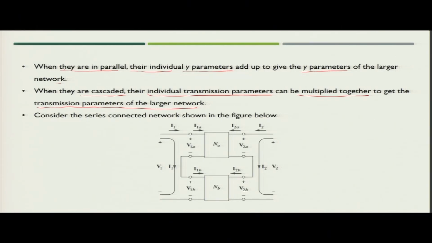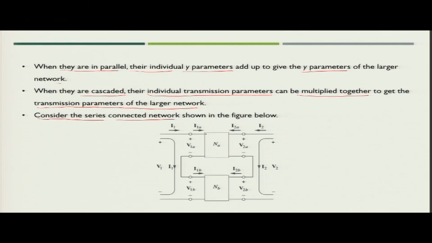Now, these three combinations, that is series, parallel, and cascaded combination, are very important for circuit analysis. So, we will see now how we can utilize these parameters when we interconnect the various networks in series, parallel, or cascaded manner. So, let us take the first case, that the network is series connected.